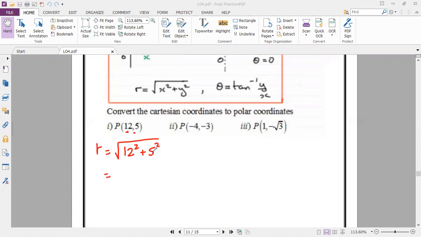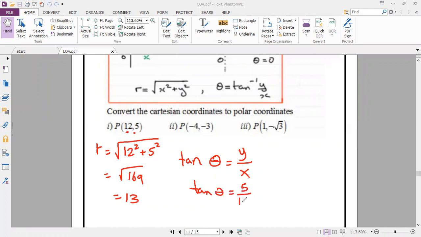It's 144 plus 25, which is 169. So r equals 13. This is the length. And to get the angle theta, you find tan theta, which equals y over x. So tan theta equals 5 over 12.